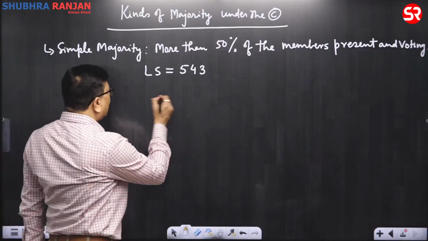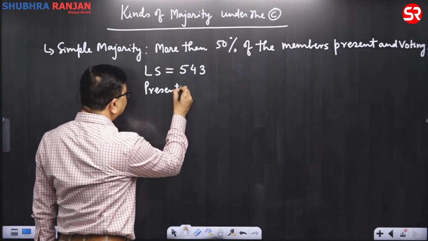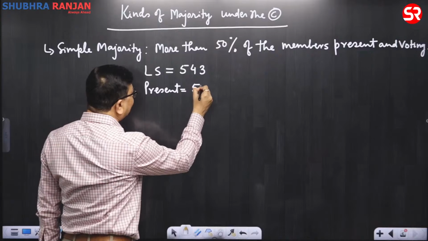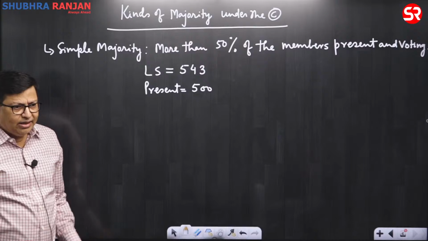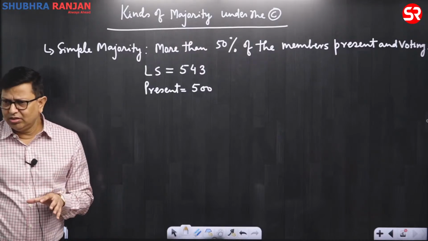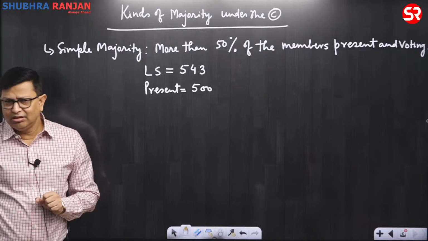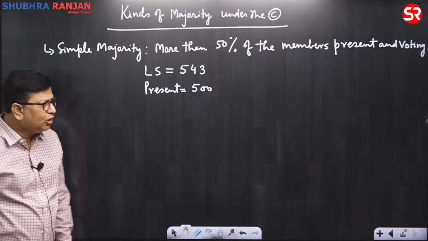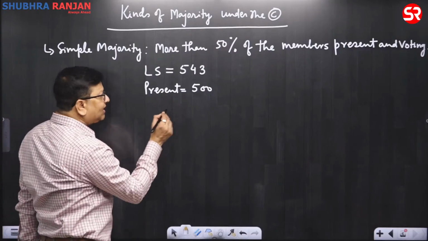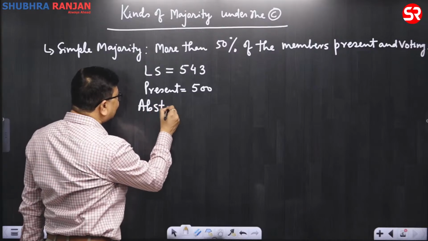Suppose on a particular day, 500 members are present in the house, and during the voting also, all the members are not compelled to vote. It is your wish: I will not vote. So even if you are present in the house and you are not voting, it is termed as abstention.